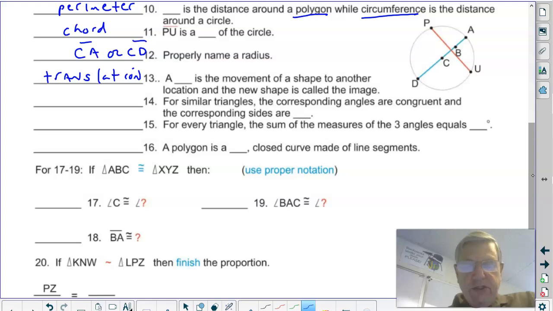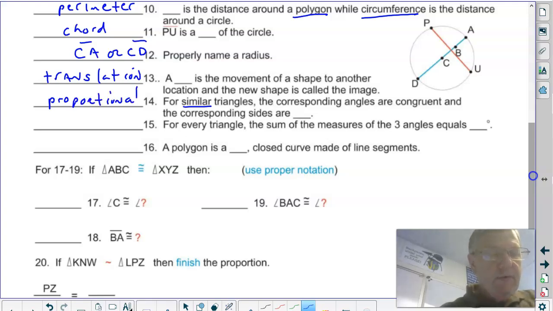Number 14, for similar triangles, the corresponding angles are congruent and the corresponding sides are proportional. So notice the key here is similar. Don't get similar mixed up with congruent.